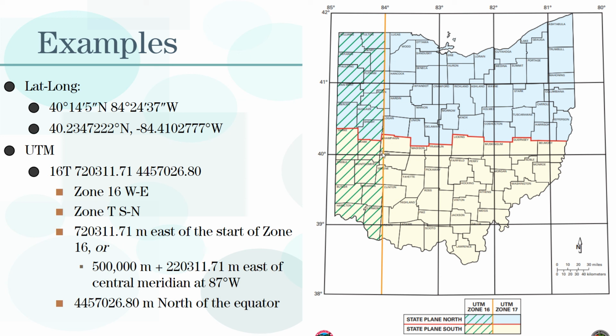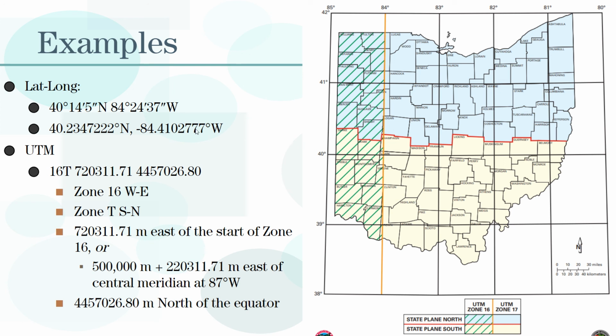From there, the central part of the zone is the 500,000 meters, and we are, I didn't put commas in here, 220,311.71 meters east of the central meridian, which is at 87 west over here in Indiana. So what you do is you take your central meridian, and again, if you go east, you add that value to it.